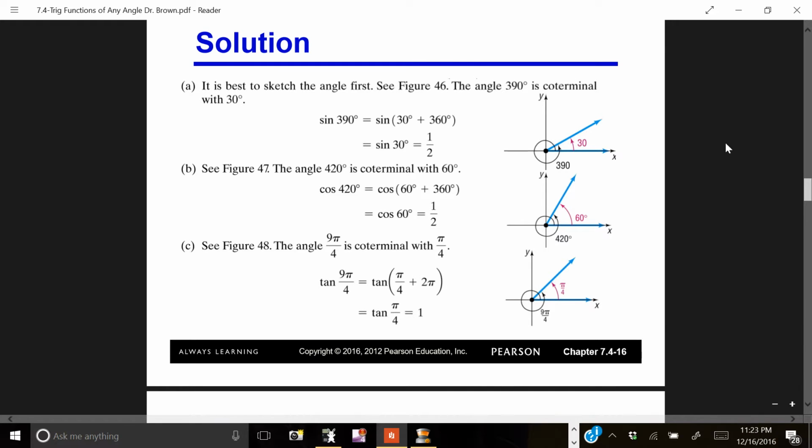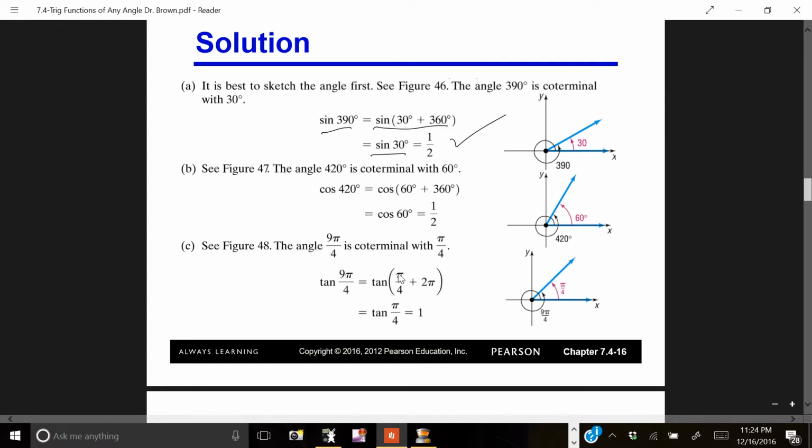Now we're going to use these sketches to calculate the sine of these angles or cosine of these angles. If we want to look at the sine of 390 degrees, that's obviously 360 degrees around plus 30. So that's going to be the sine of 30 degrees, which equals 1/2.